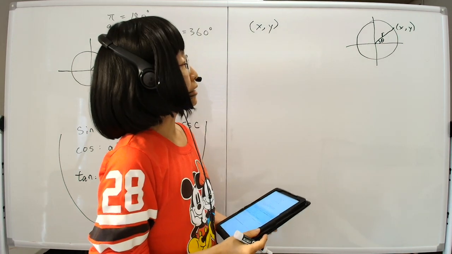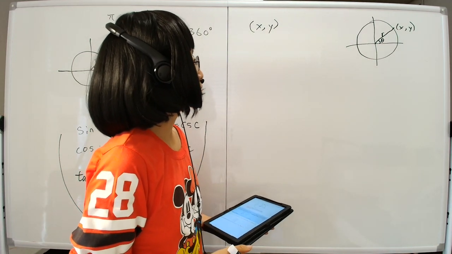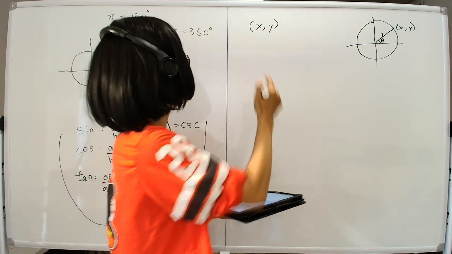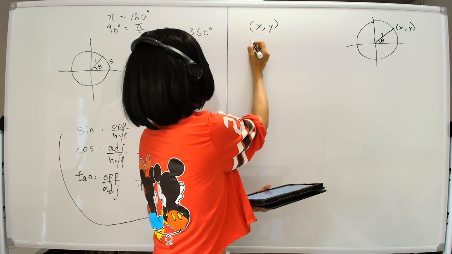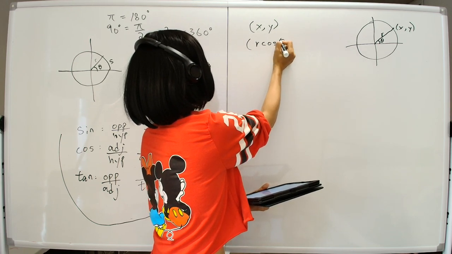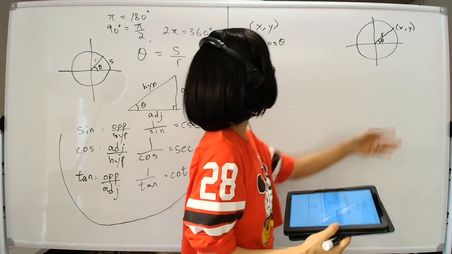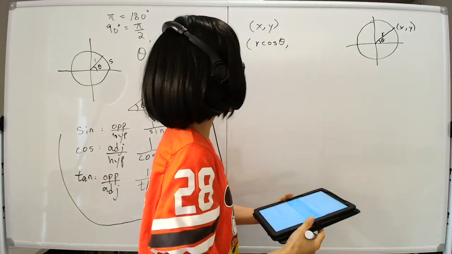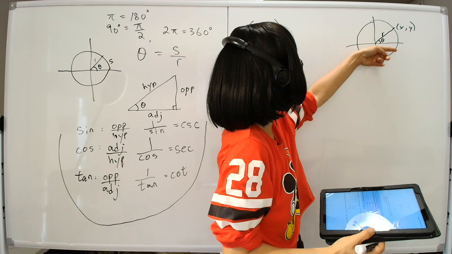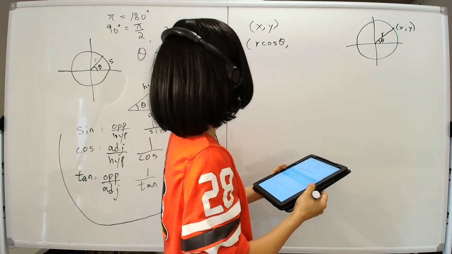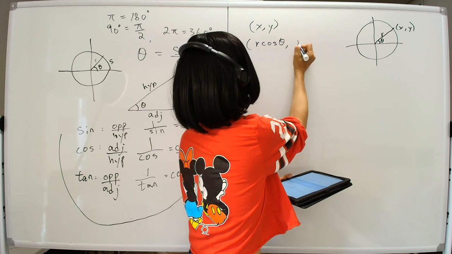And then there is a different way of expressing x and y, where x is r cosine theta, because that's the mathematical definition of cosine. Cosine is the adjacent over hypotenuse, whereas y equals r sine theta.